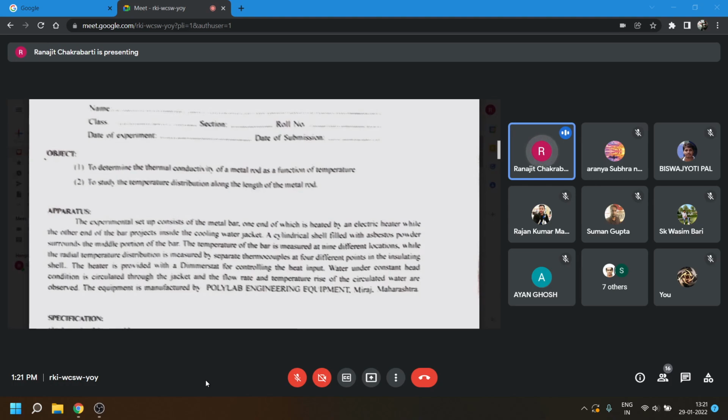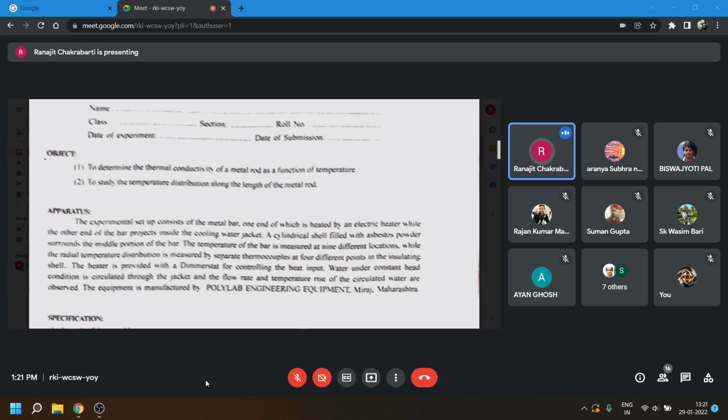If we find it at one section, then we go to another section, so we get thermal conductivities at different temperatures. Now we can plot the thermal conductivity with respect to temperature. That is the process of the experiment. I'll explain in great detail, but this is it in a nutshell.